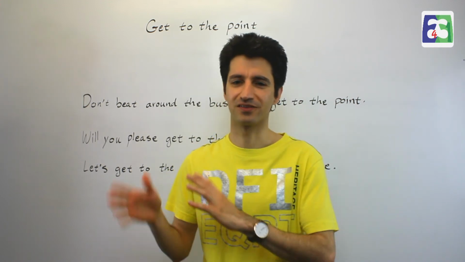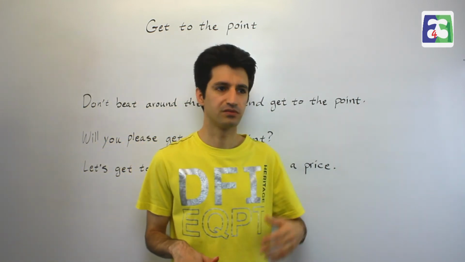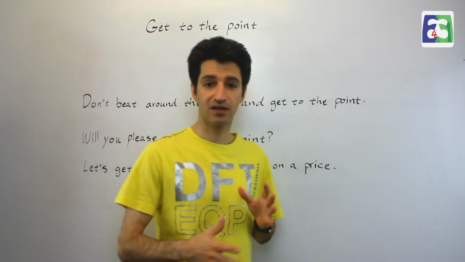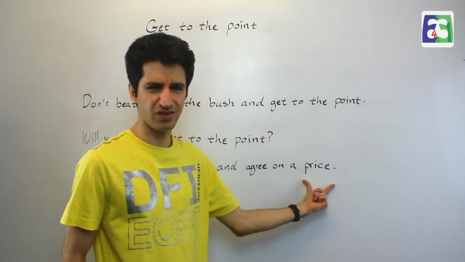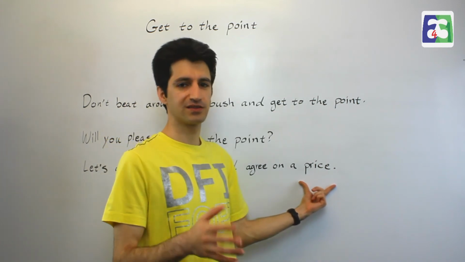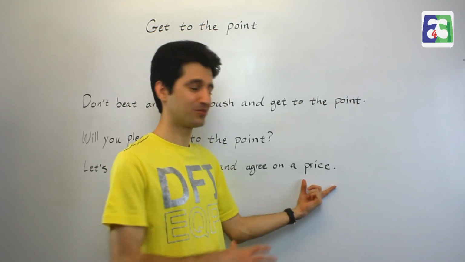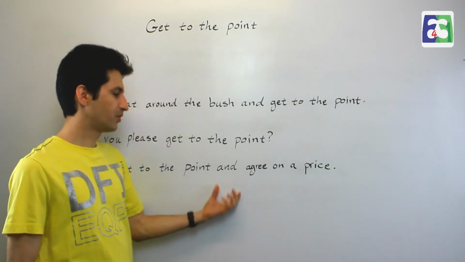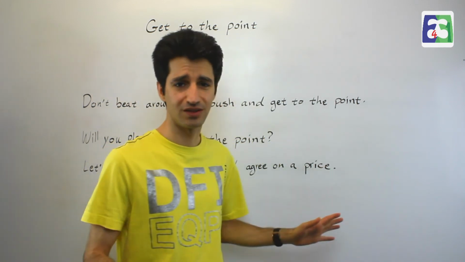There is some bargaining going on, and then we go off the topic and talk about the news and lots of other things, and the price is postponed. We do not agree on the price, and instead we prefer to talk about other things, get each other's attention, show how good we are, and then talk about the price again. So one might get tired of this situation and say, let's get to the point and agree on a price. Let's find a price and agree on that.